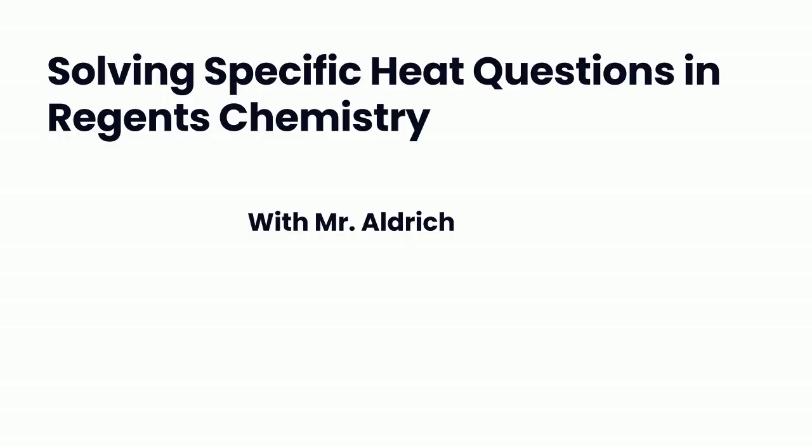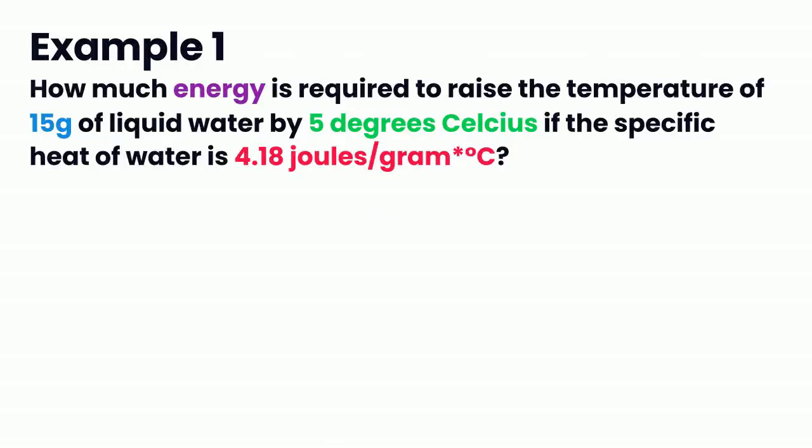Let's start with example 1. I'd like you to just listen to me for this example, so please put your pencil down and follow along up on screen. This question asks us, how much energy is required to raise the temperature of 15 grams of liquid water by 5 degrees Celsius if the specific heat of water is 4.18 joules per gram times degrees Celsius?